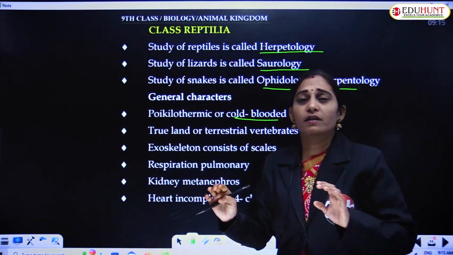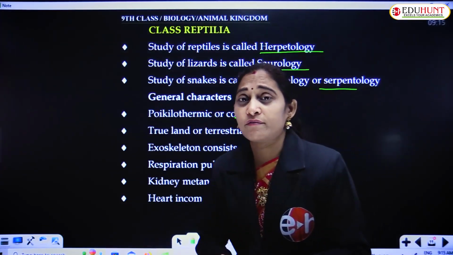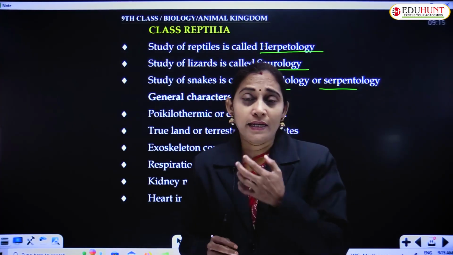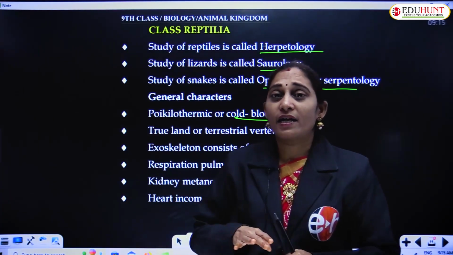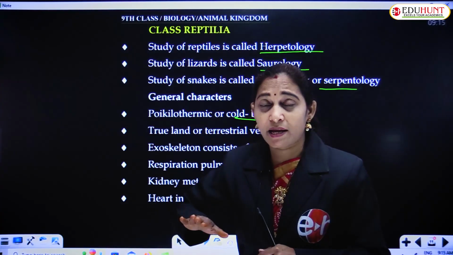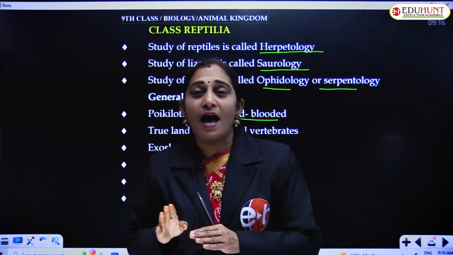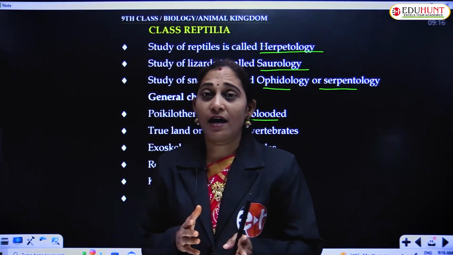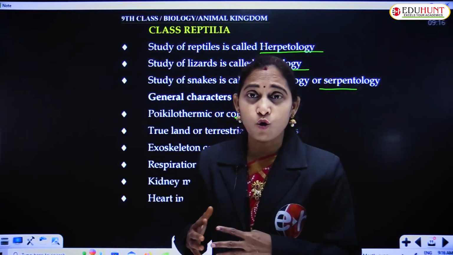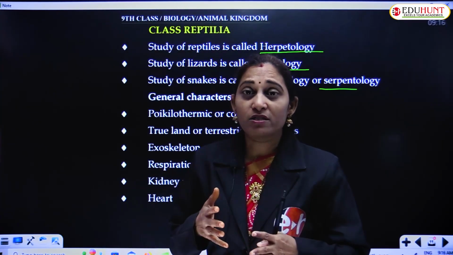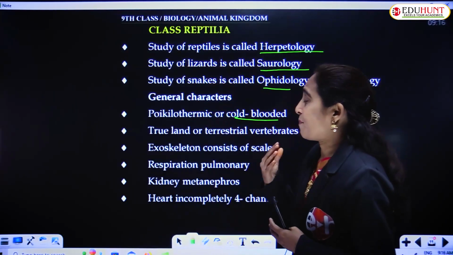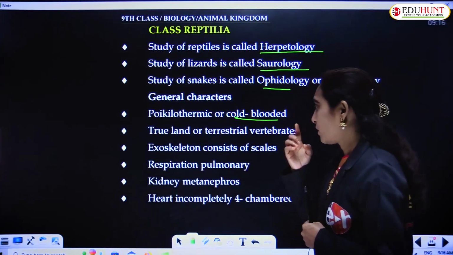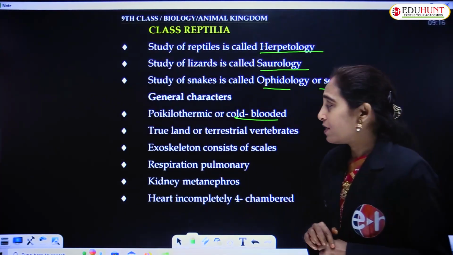Whatever the water, they prefer an aquatic environment and survive only in it. But amphibia were adapted to live for some time on land, so they can live in both terrestrial as well as aquatic environments. That is why the amphibious nature. Whereas Reptilia are exclusively land animals, that is terrestrial forms, and the exoskeleton consists of scales.